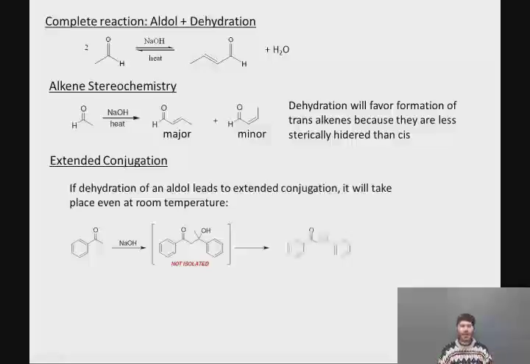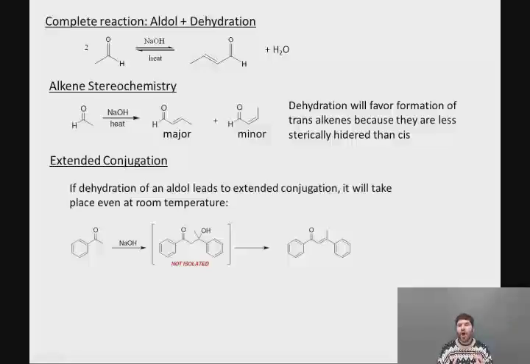This is spontaneously going to undergo dehydration to give the alpha beta unsaturated product, because look at what's going on in this product. The new double bond that we have formed is conjugated to both the aromatic ring and the carbonyl, and in fact the other aromatic ring is within the same pi system.